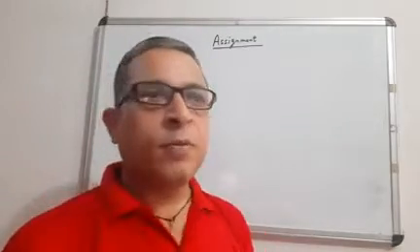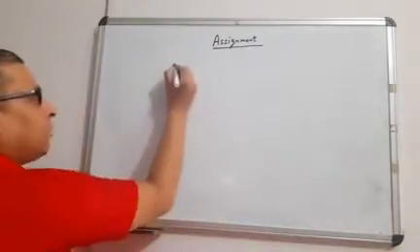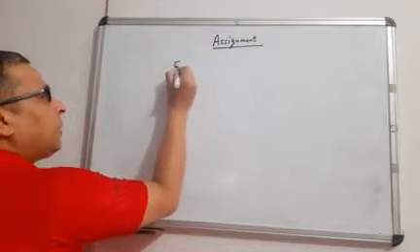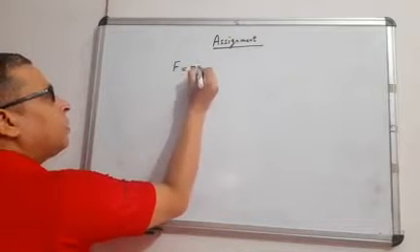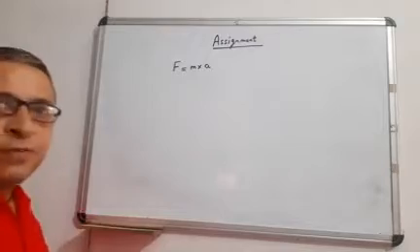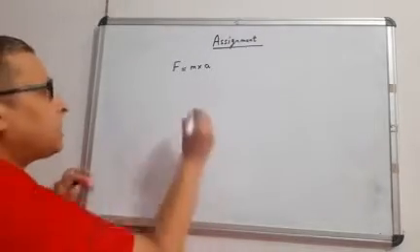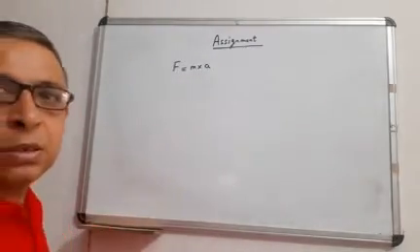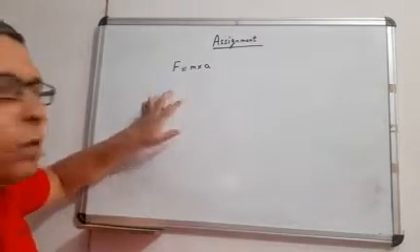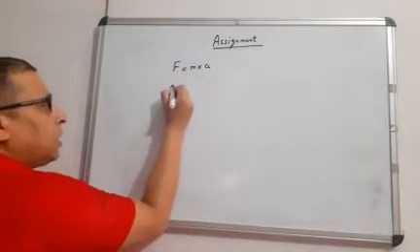But before going further, I would like to sum up or recap the chapter, what we have studied, or the numericals. The first formula is force is mass into acceleration. This is Newton's second law of motion.